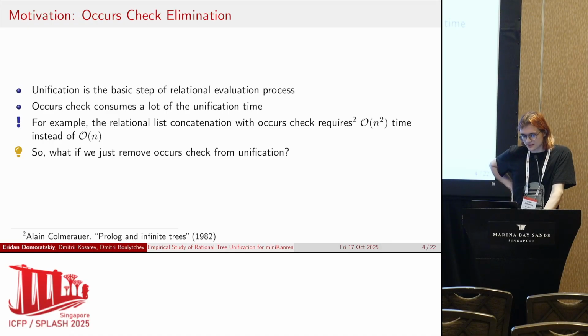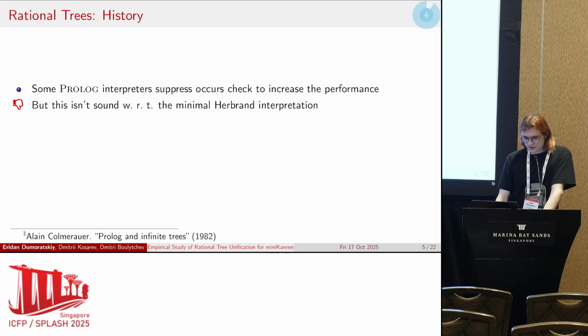And the second small motivation step is that some relations may become slower because of occurs check. Okay, what about history? We have occurs check, and some interpreters have none.